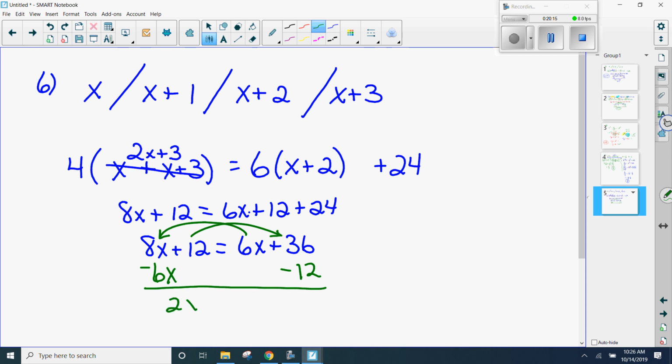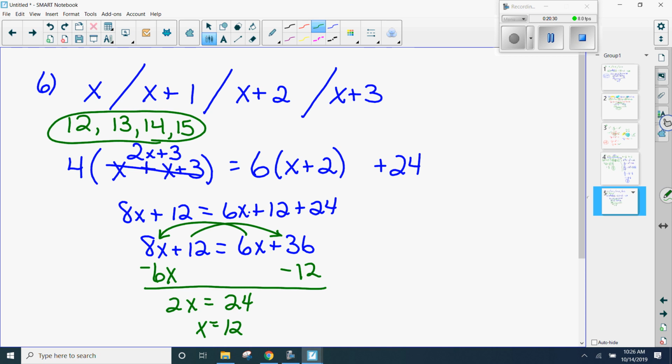So you get 2x is equal to 24. What is x? 12. So your consecutive integers are 12, 13, 14, and 15. It is 12, 12 plus 1, 12 plus 2, 12 plus 3.